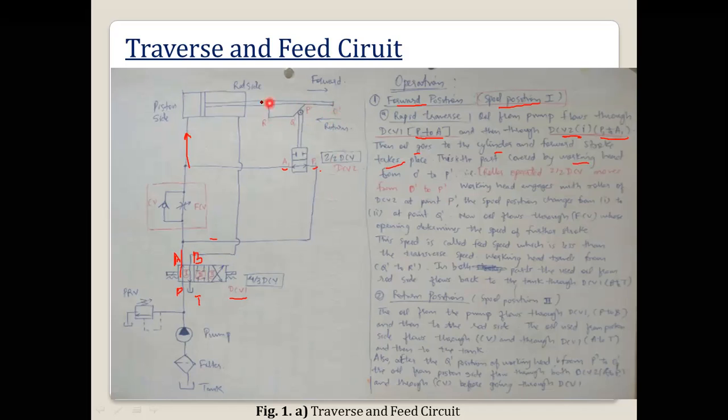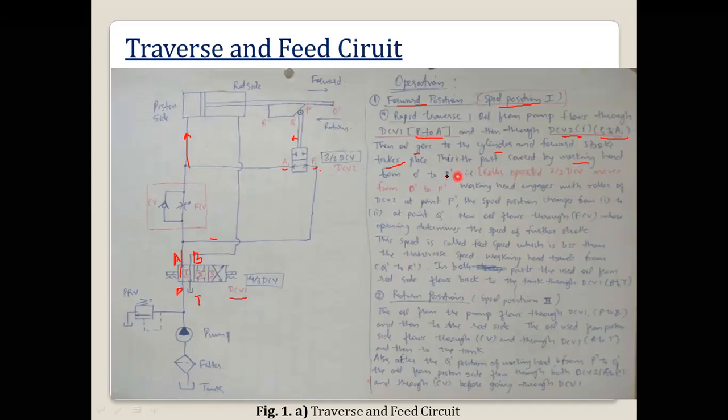As the cylinder rod moves in the forward direction, this roller will start moving in the opposite direction, so its travel is from O dash to P dash. In this travel the piston is moving very fast. That is the traverse approach.